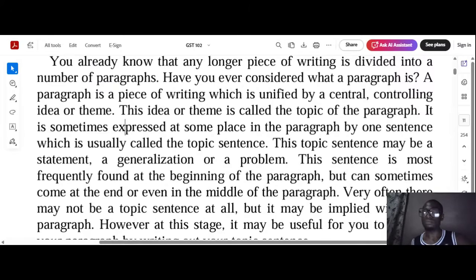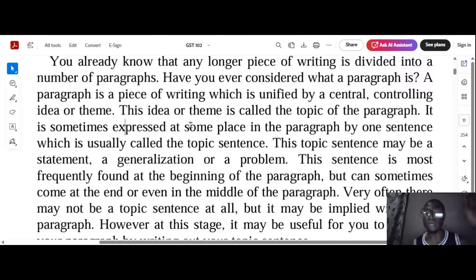Type it. A paragraph is a piece of writing which is unified by a central controlling idea or theme. And I believe we all know what that definition represents now because I've given proper explanation on it.